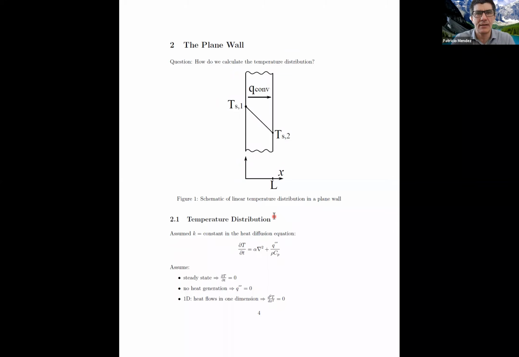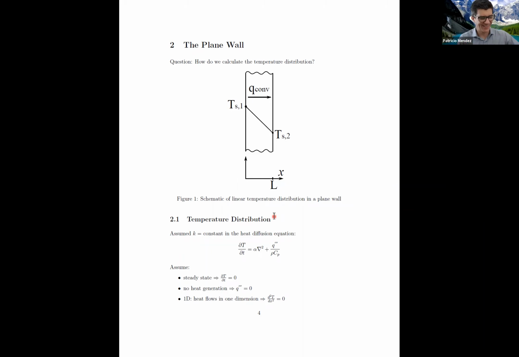How do we get into this business of 1D, of steady state heat conduction? Let's start in 1D. The easiest is the plane wall. When we talked about issues of geometry in heat transfer mechanisms, we talked about how the heat flows and whether it's 1D or 2D or 3D. Keep this in mind. Most people, when they see a wall, think it's a 2D thing, right?